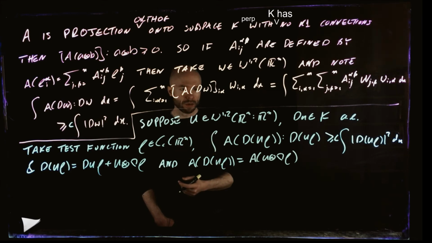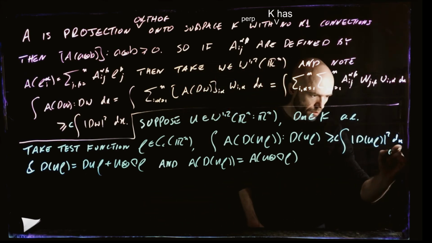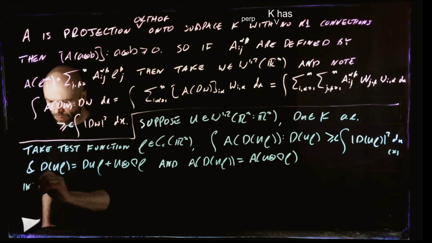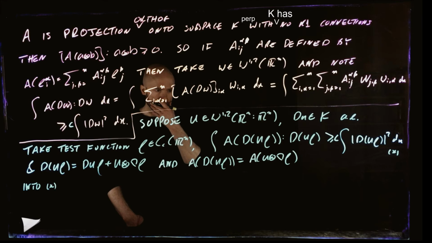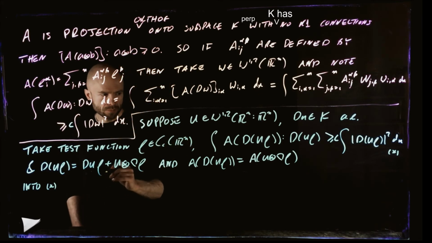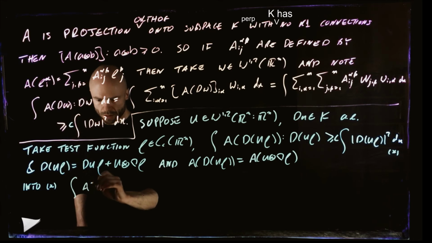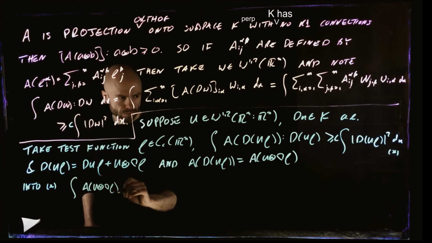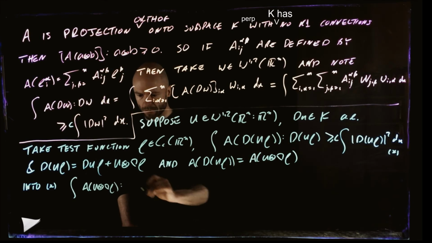Cool. So putting this into star, then what do we have? We have the integral of A of U cross product gradient of rho, the product, and then let's break this guy up into its bits.